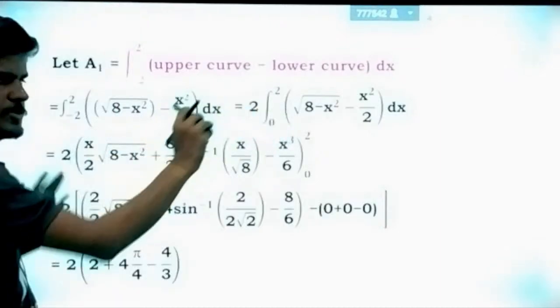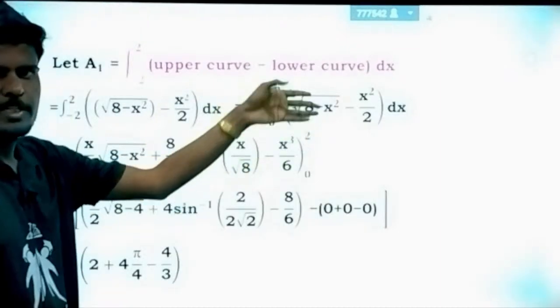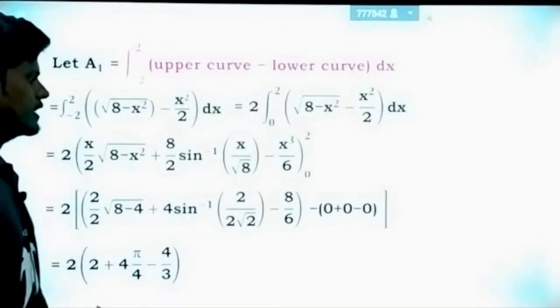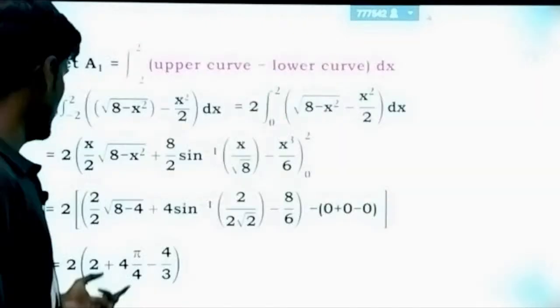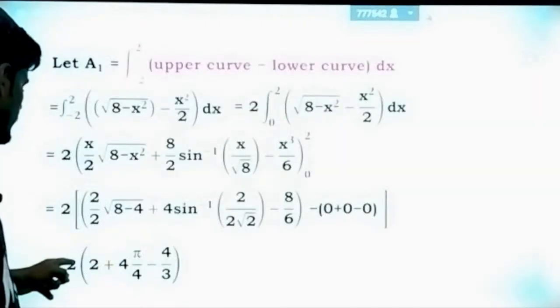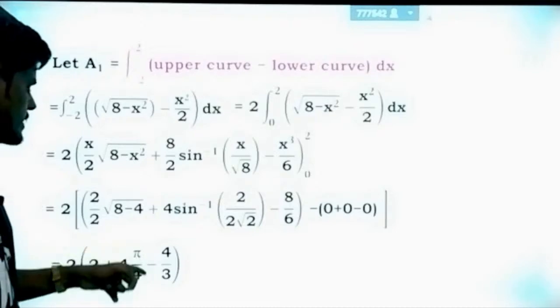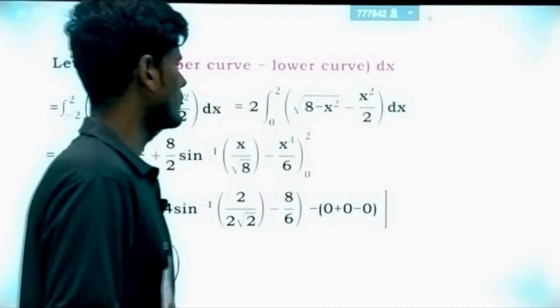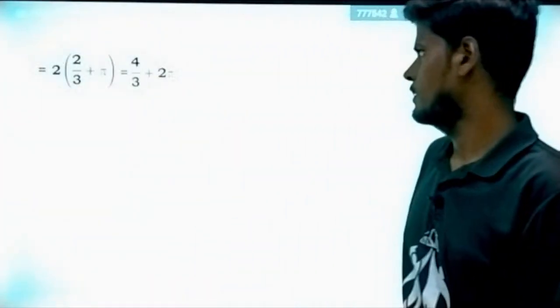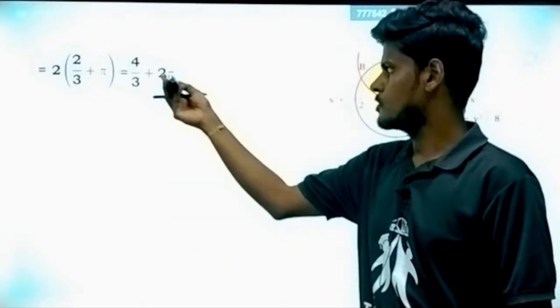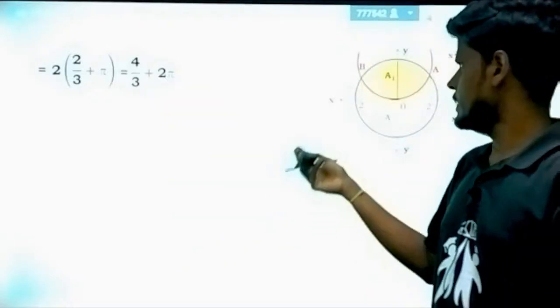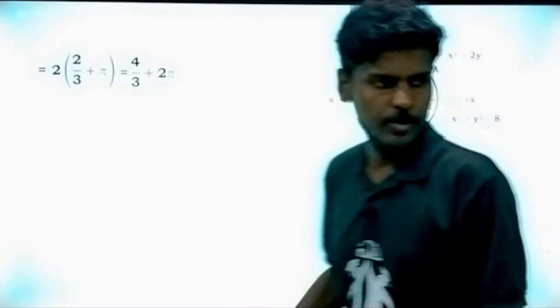Now just substitute this value in the limit after evaluation of the integral. What is the answer? This is 2 by 3 into 2, that is 4 by 3 plus 2 pi. That is 2 pi plus 4 by 3 square units. Next, what we need to find? Area A2.